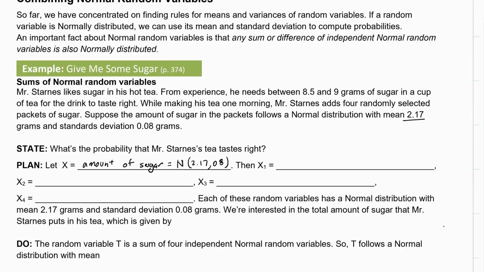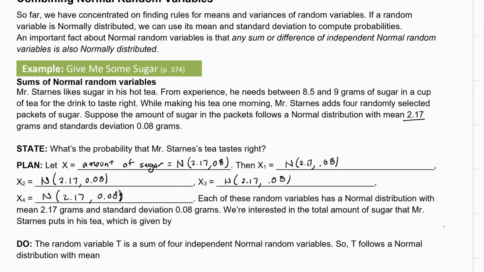Okay, if that's the case, each of these random numbers, the amount coming from the first packet and the amount coming from the second packet and the amount coming from the third packet and the amount coming from the fourth packet, they are all random numbers coming from that same normal distribution.